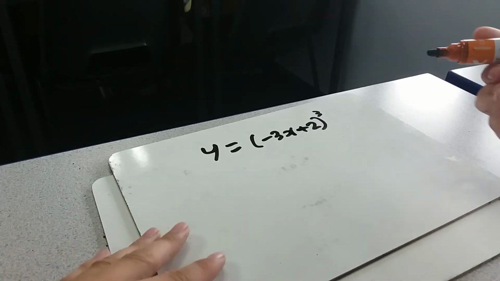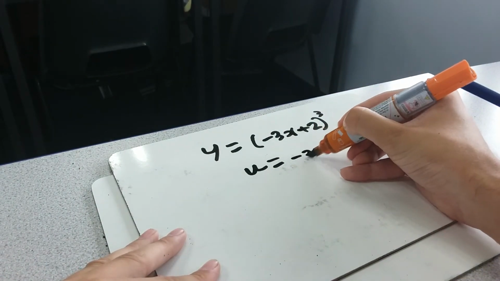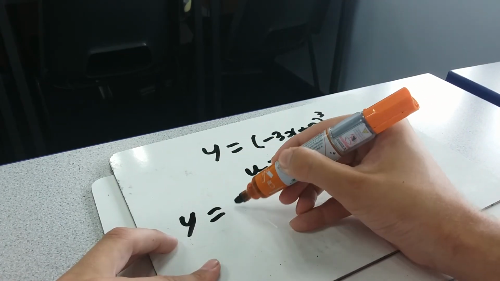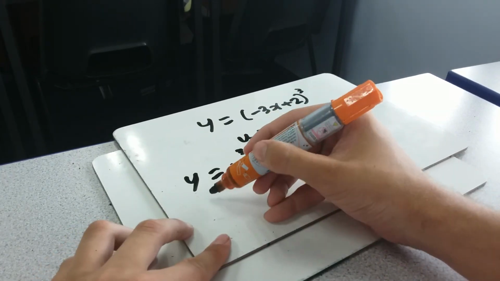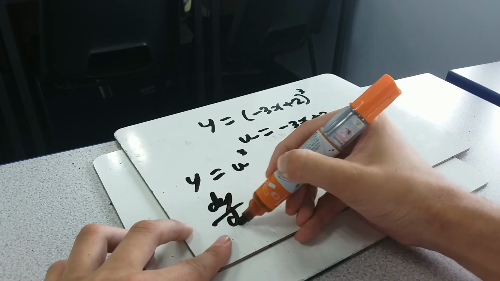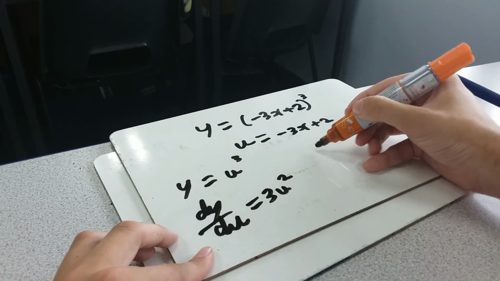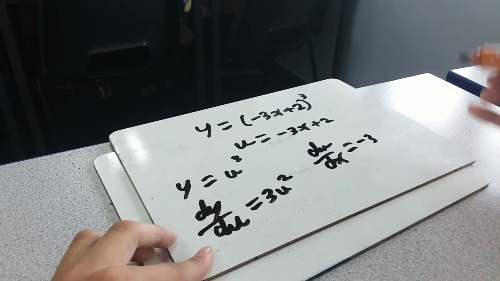Right, okay, so quickly going through it, I'm going to pick u equals minus 3x plus 2, and so y equaled u to the power of 3. Differentiating both the bits, dy du is 3u squared, du dx is minus 3.